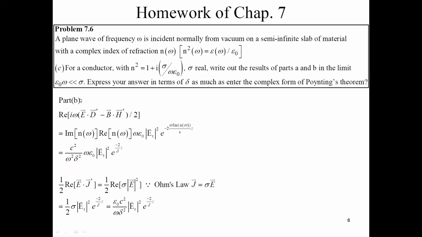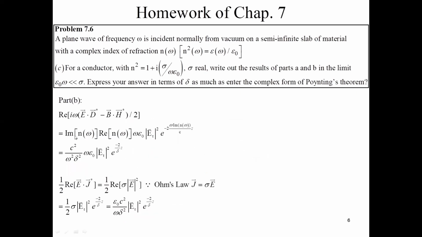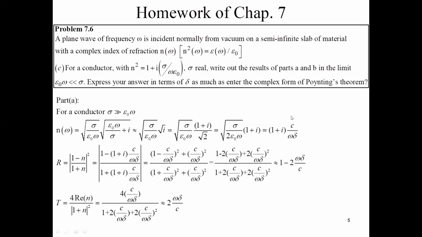And then for part B, as we derived in part B, this term will become this, and then the same limitation of n equals this. So we know that the imaginary part and the real part will both equal c over omega times delta.